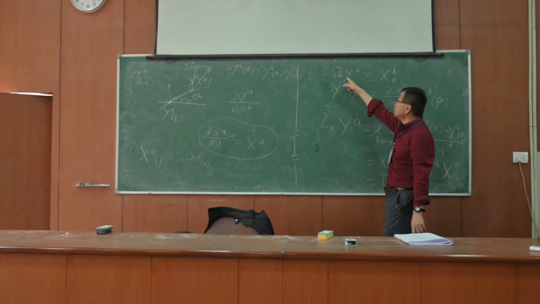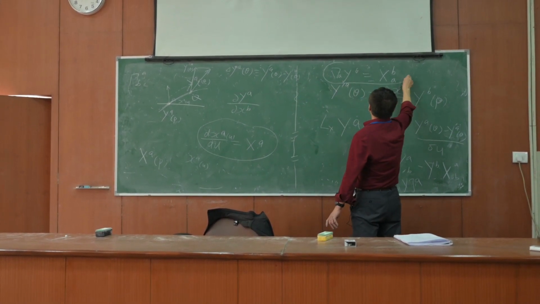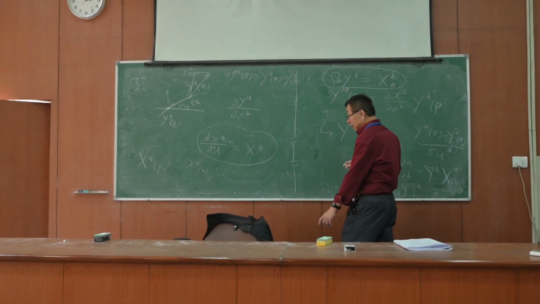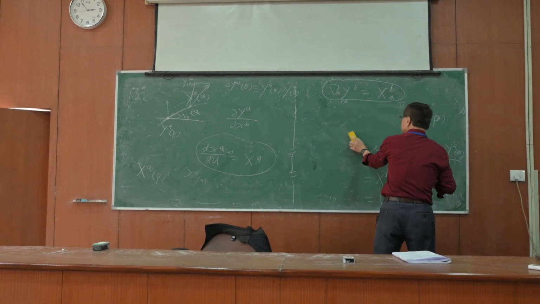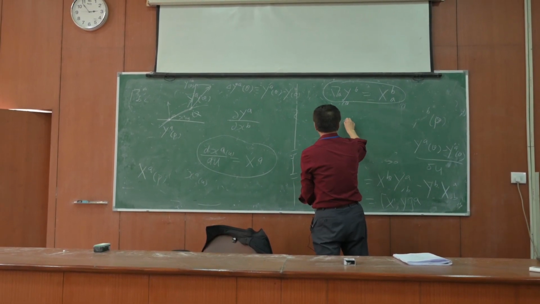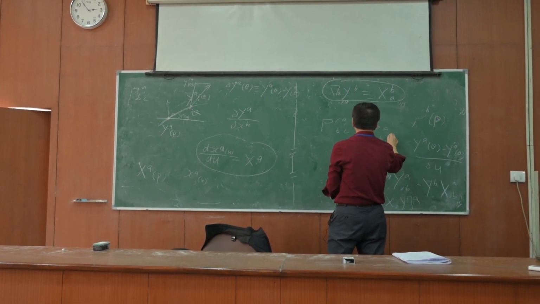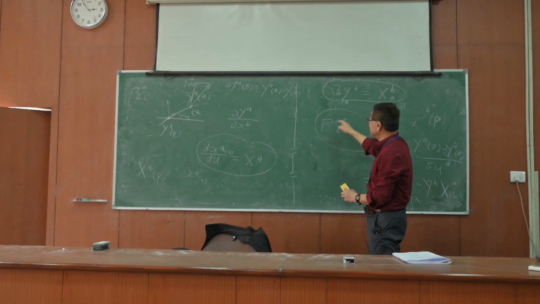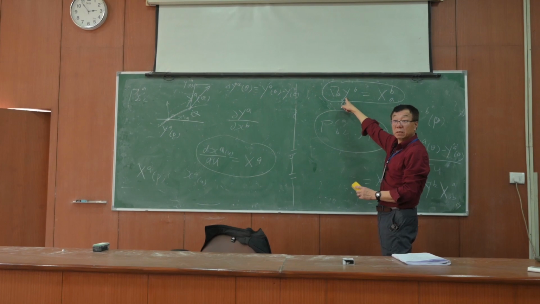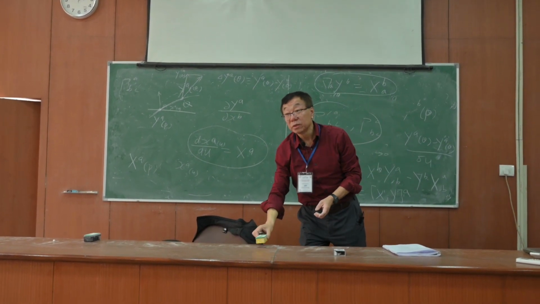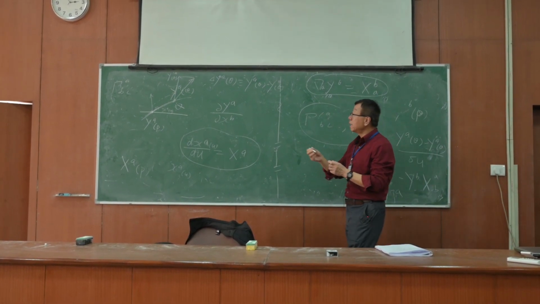If this is a tensor, I can get the transformation relations between gamma prime A, B, C and gamma A, B, C. You will see this connection relation is actually not a tensor, but this is just here. So you can see these are the mathematical ideas.